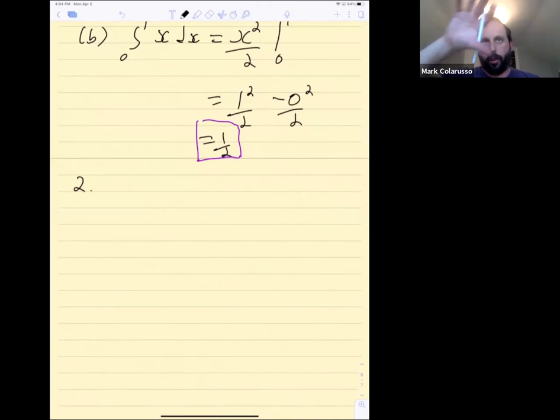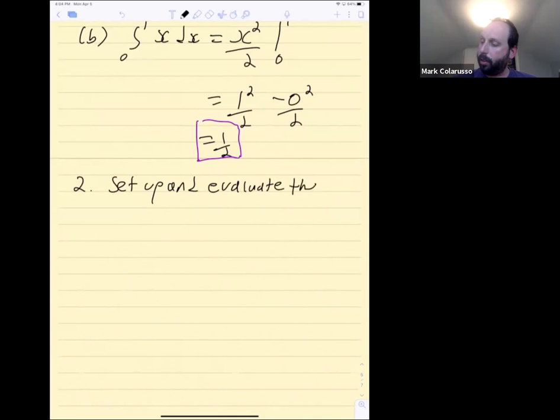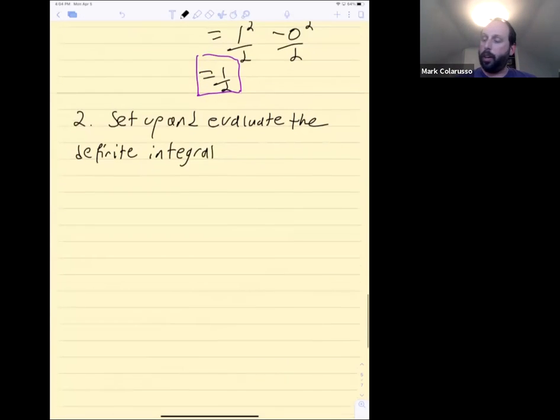On your homework, you'll get the picture, so don't worry about producing it. Okay, so here we go. Set up and evaluate the definite integral that gives the area of the shaded region.